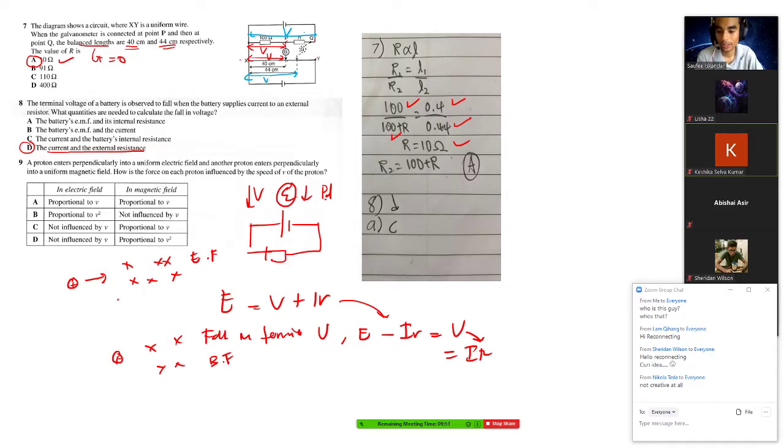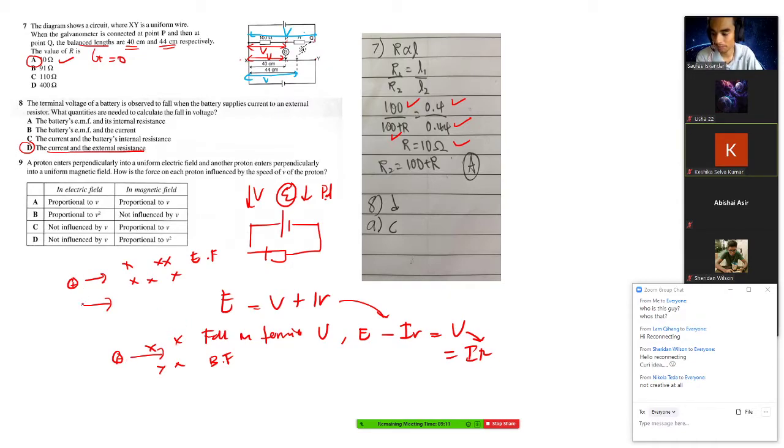If the proton enters a region with an electric field, of course it will be deflected by the electric field, but it does not depend on its speed. But when the proton enters a region with a magnetic field, the speed of the proton determines how much the force from the magnetic field is.